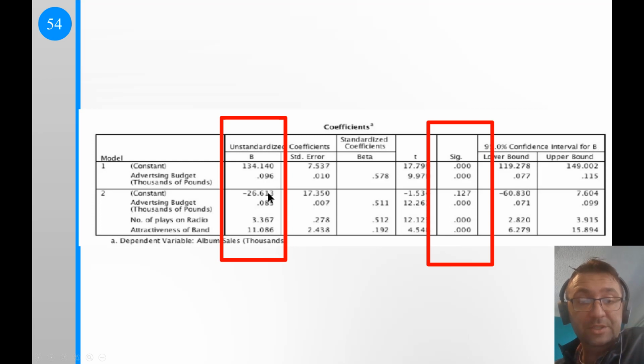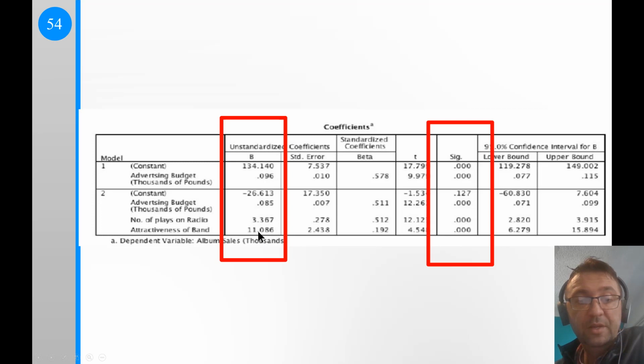Notice here the constant has dropped to minus 26, which is like, what does that mean? Well, in regression models, the constant is really the value of the outcome if all the independent variables are set to 0. But in many cases it's impossible for them to be set to 0.